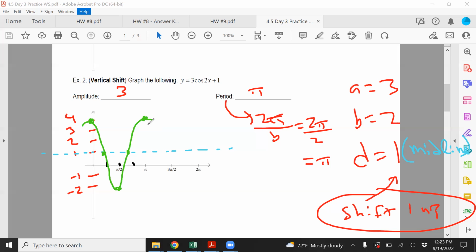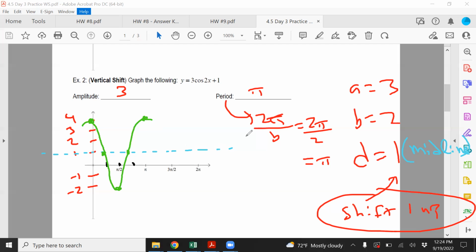Then I need 3 more points in the middle. What I do is take these 3 coordinates that are equally spaced. The second point has to be in the middle. The third point is the low point. And the fourth point has to be back in the middle. So that's how the graph works. Let me label them.